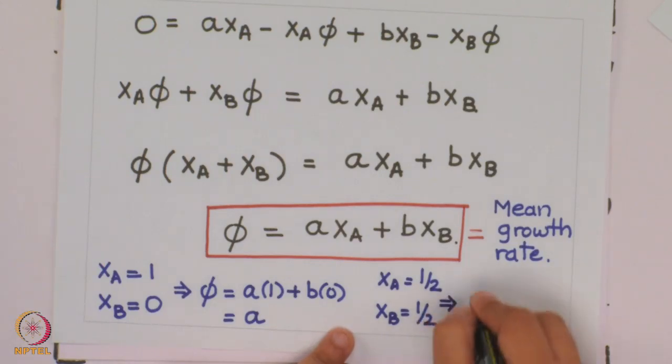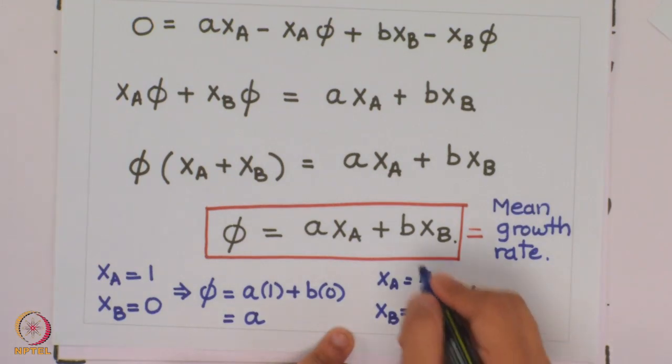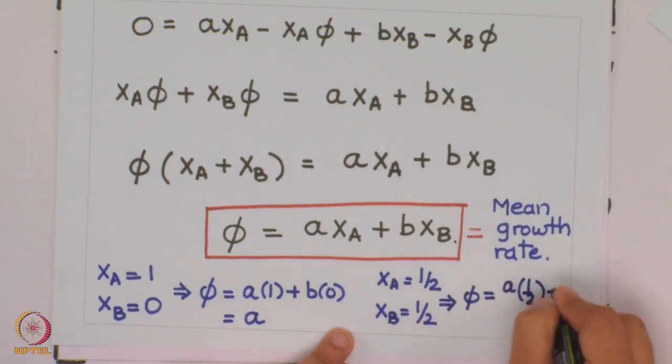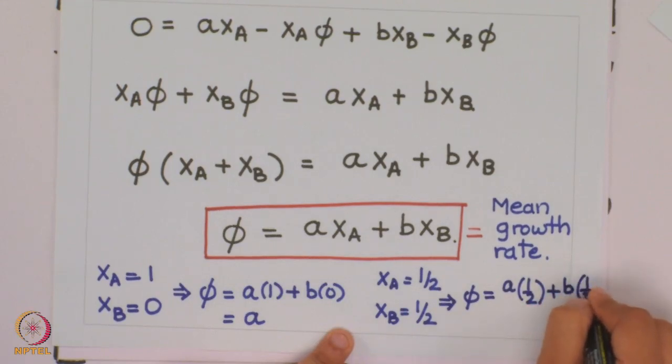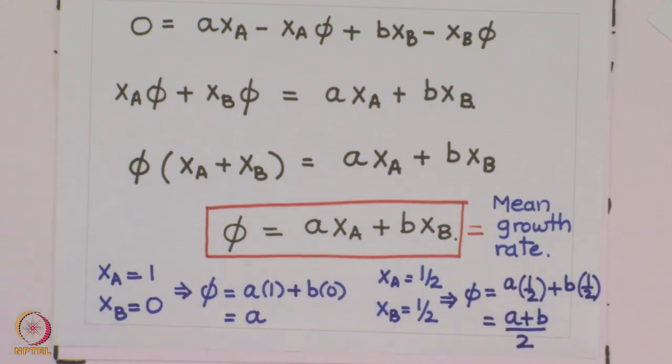Intuition tells us that the growth rate should be the average of the two growth rates a and b, and if we plug the values in this relationship, we get a into half plus b into half, which is just equal to (a plus b) by 2. Again, this illustrates that phi has a very real biological meaning, which is the mean growth rate of the culture when the culture exists at frequencies or fractions xa and xb.